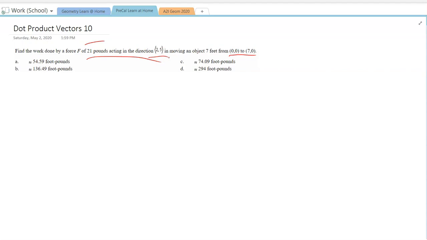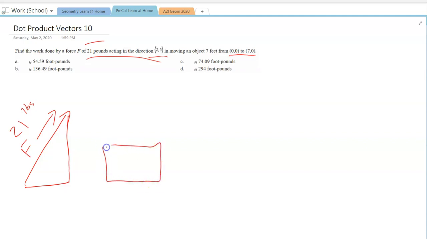So if it's moving in the direction 2, 5, the force vector is moving this direction, right? And there's 21 pounds of force. Ultimately, it looks like it's going up and to the right some, but we're actually moving some object to the right from 0, 0 to 7, 0.